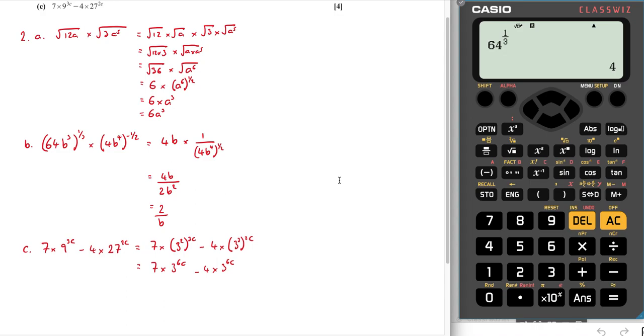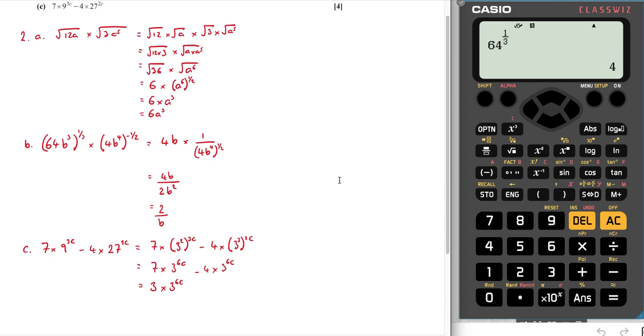So now we're in a position where we have something that's pretty much just 7x take away 4x, because that 3 to the 6c is the same in both cases. So all we've got now is 3 times 3 to the 6c.